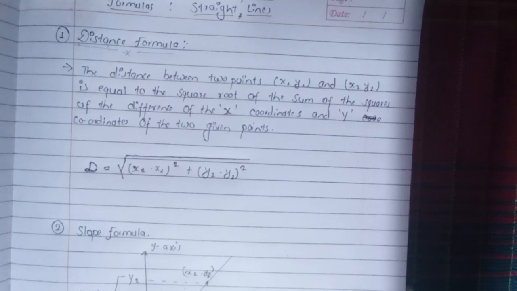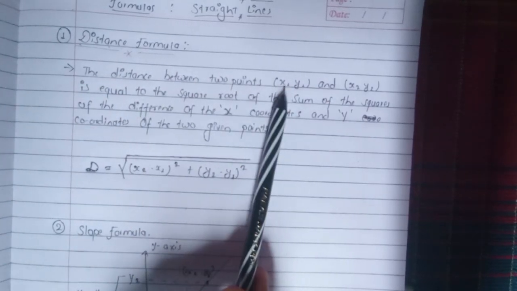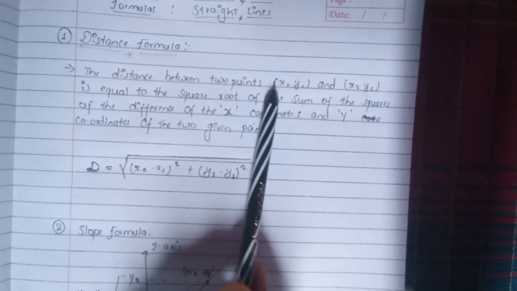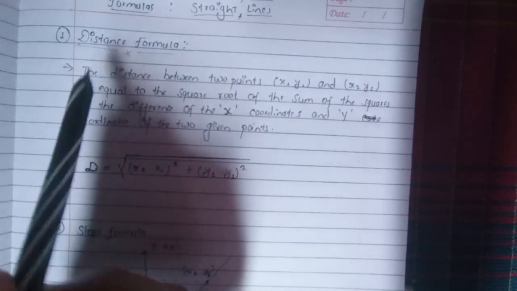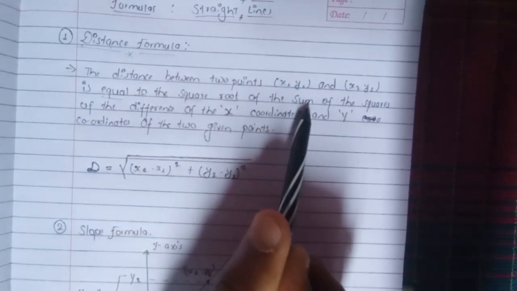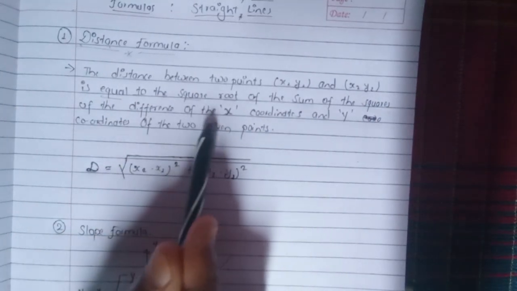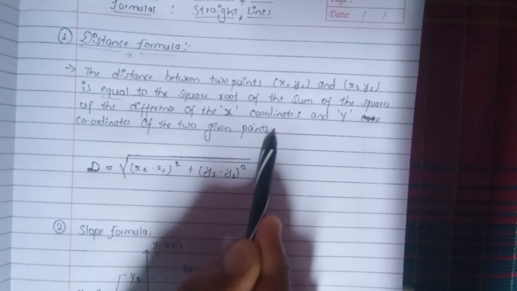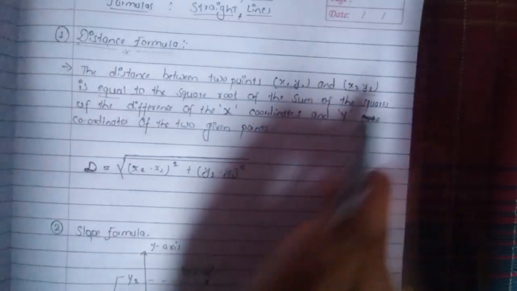The distance between 2 points such as x1 y1 and x2 y2 is equal to the square root of the sum of the squares of the differences of the x coordinates and y coordinates of the two given points, x1 y1 and x2 y2. These are 2 points.